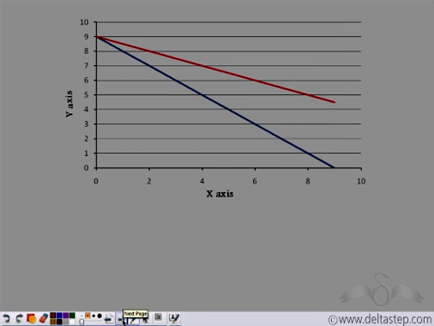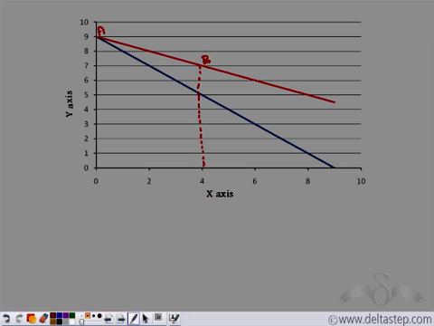Now let us compare the slopes of these two lines. First we calculate the slope for red line. This is point A, and we take another point here. This is point B. So in moving from A to B, what is the rise? Rise is actually of -2 because it is a fall.